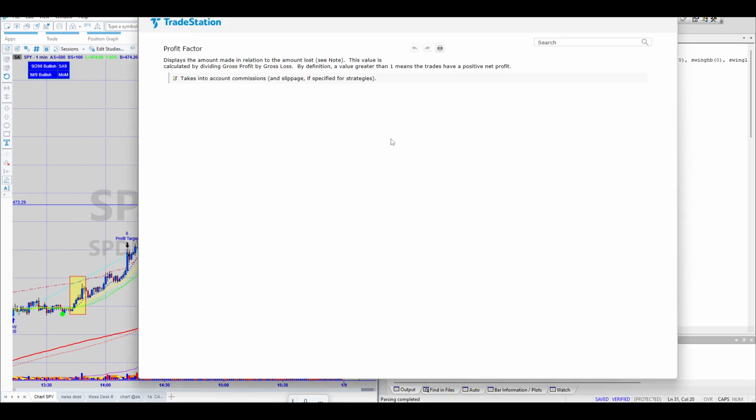What profit factor is? Here it is. Displays the amount made in relation to the amount of loss. Value is calculated by dividing gross profit by gross loss. By definition, a value greater than 1 means the trades have a positive net profit. Again, takes into account slippage if specified for strategies.